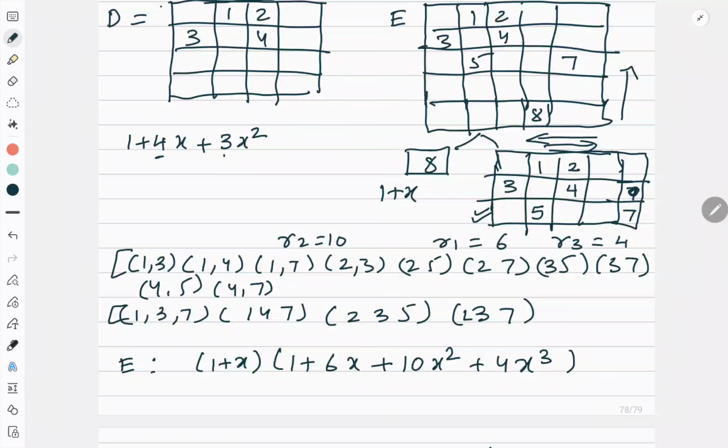When I open this, I'll get 1 plus 6x plus 10x square plus 4x cube plus x plus 6x square plus 10x cube plus 4x to the power 4. Correct? I can solve it then.